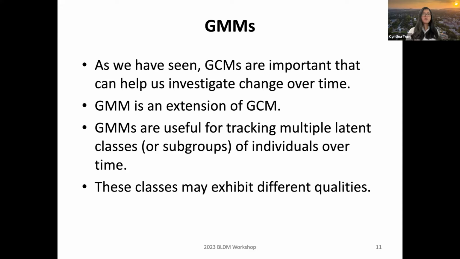A growth mixture model is an extension of growth curve models where we want to study different groups in the population and each group's change over time. So they are useful to track multiple latent classes or latent subgroups of individuals over time.